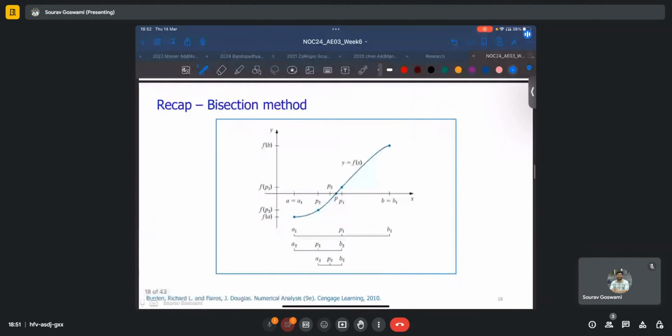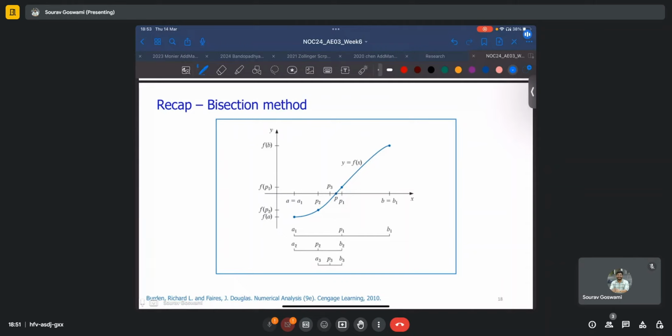And here is a graphical depiction of the method. So we see how, for the function y equals f of x, in this case we assume that it has only one unique root occurring at p. We start with the interval a and b. So for our first step, a equals a1, b equals b1, and the intermediate point is p1.